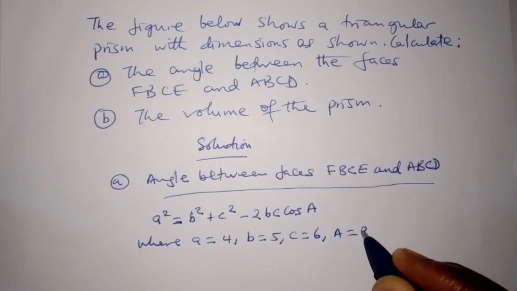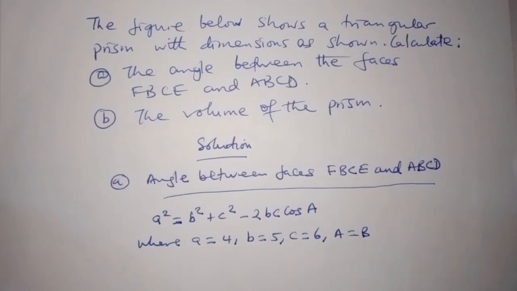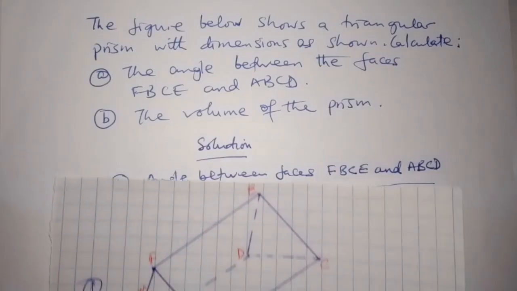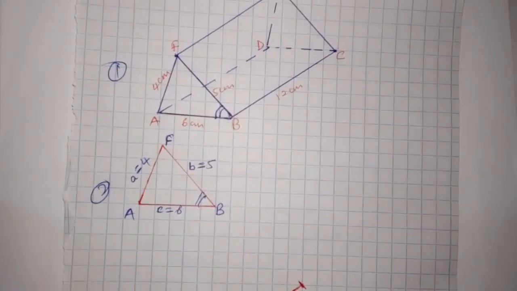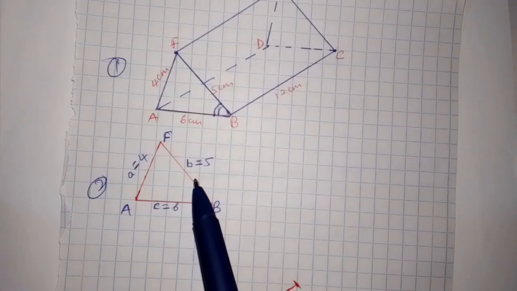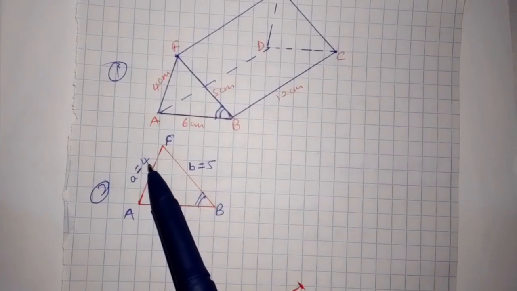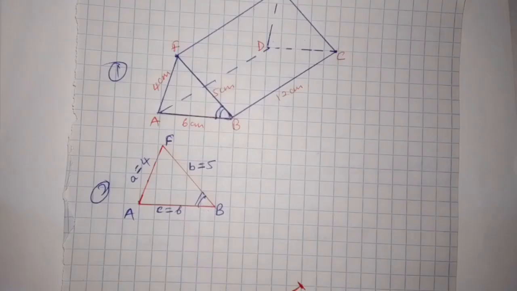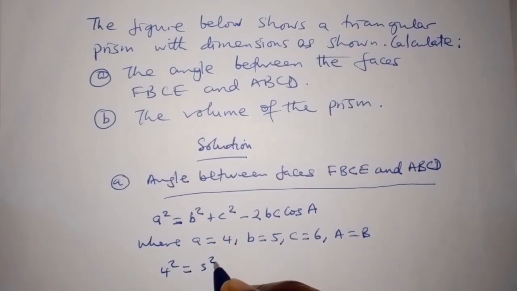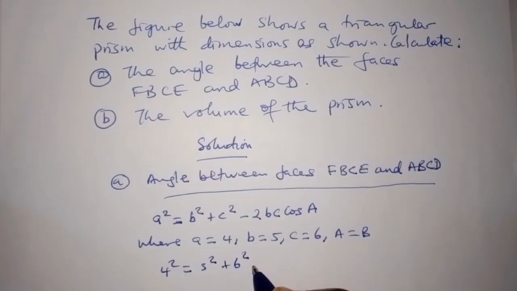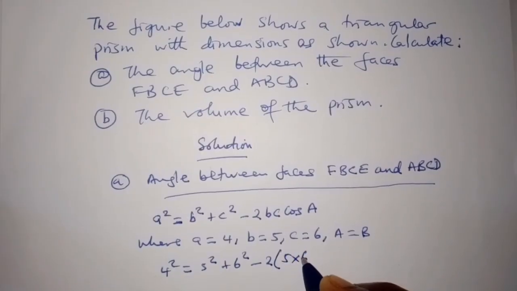When we substitute, 4 squared is equal to 5 squared plus 6 squared minus 2 times 5 times 6 cosine B.